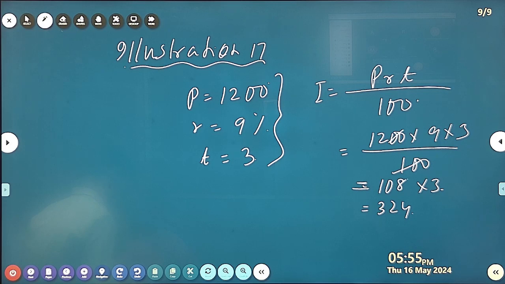Number one, the interval between any two successive flows is the same.